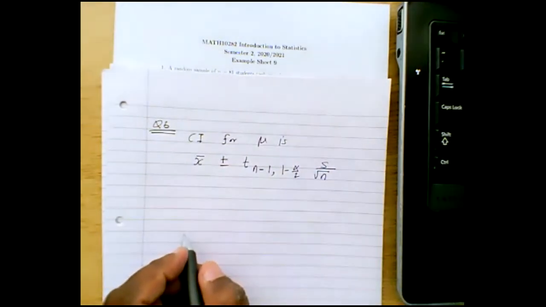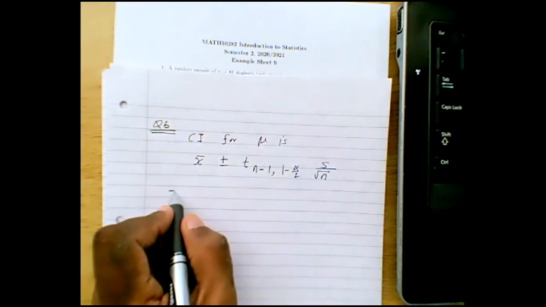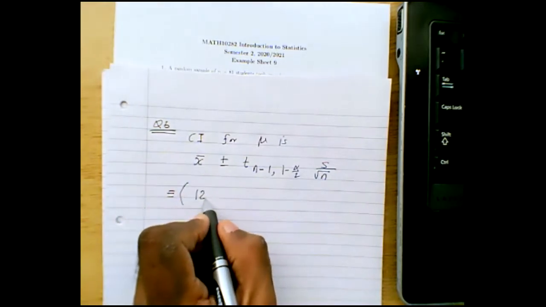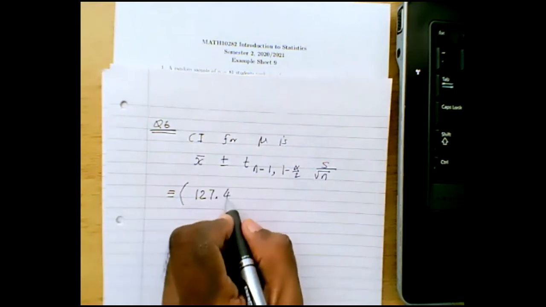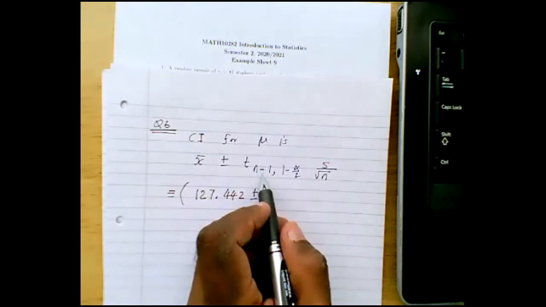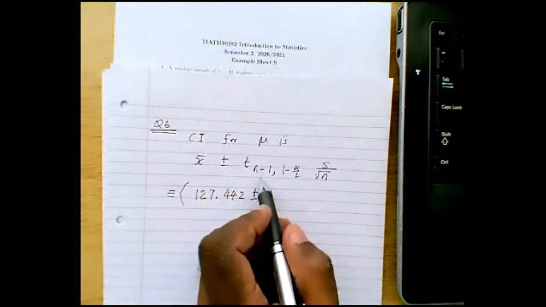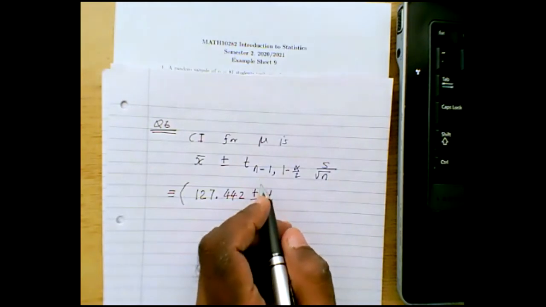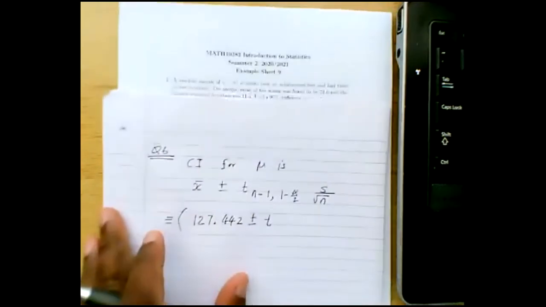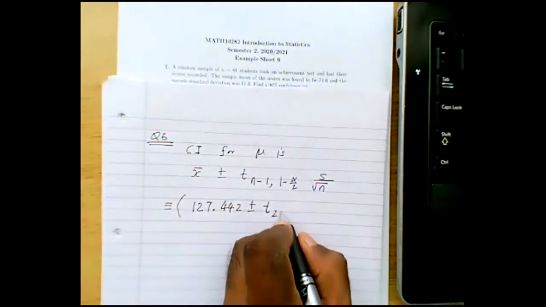Now we know from the question that x bar is 127.442, and t n minus 1, where n is 30, so n minus 1 is 29.